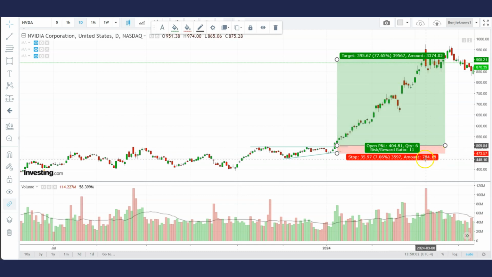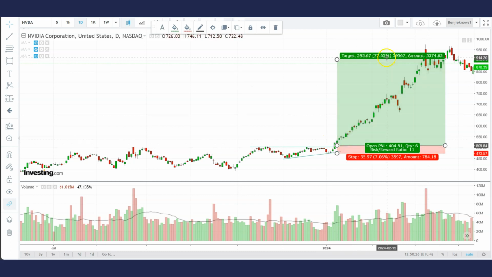So by risking 784, you stand to gain over 3,000. Am I correct? Oh, maybe not. Anyway, let's stick to the risk-reward ratio. By risking this much, you get this much, 11.